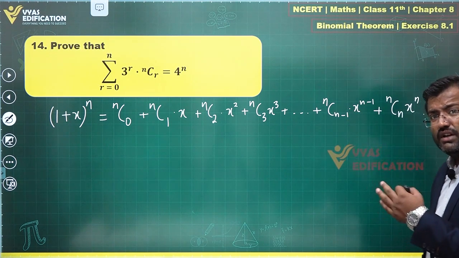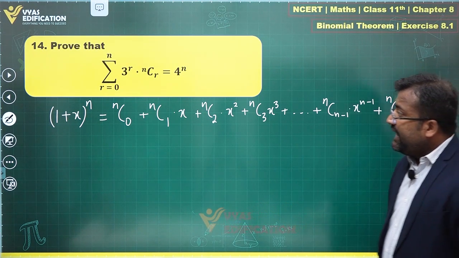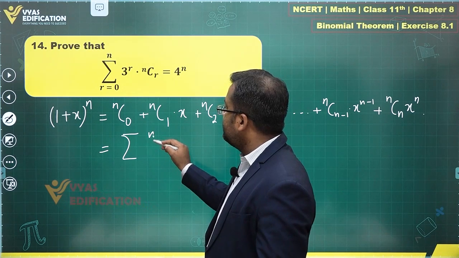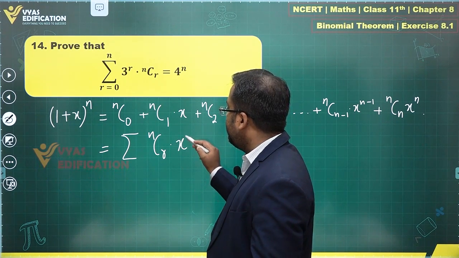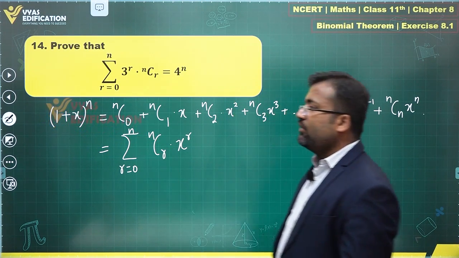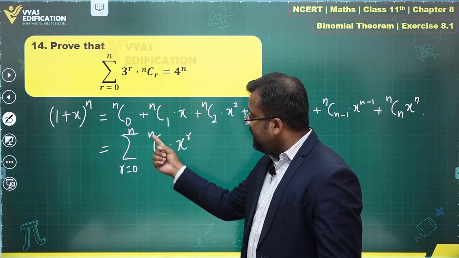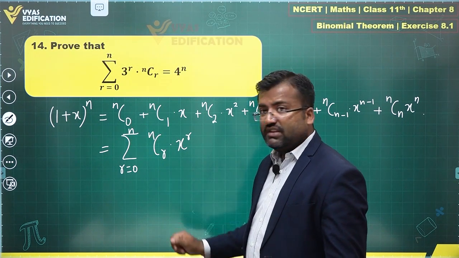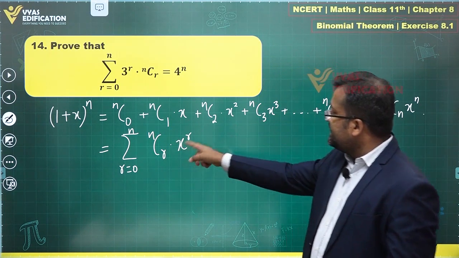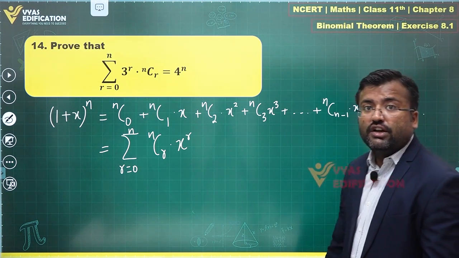And if I want to write it as summation of nCr times x power r, where r goes from 0 to n, is that okay? Let's check this out. The first term will be nC0 x power 0 which is 1. The next term will be nC1 x power 1, nC2 x power 2, nC3 x power 3, up till the last term which is nCn x power n. That's what you will get.